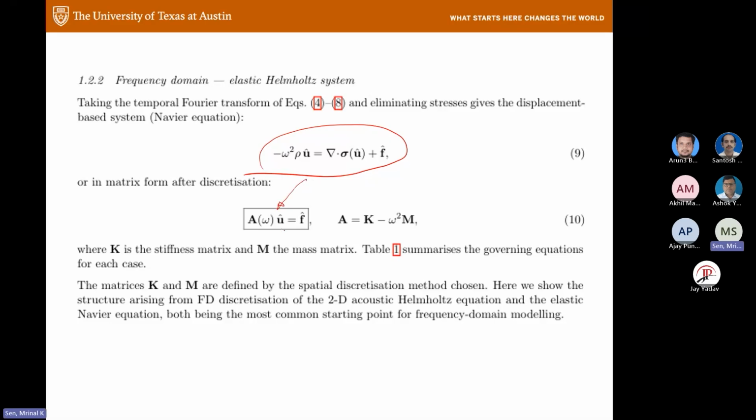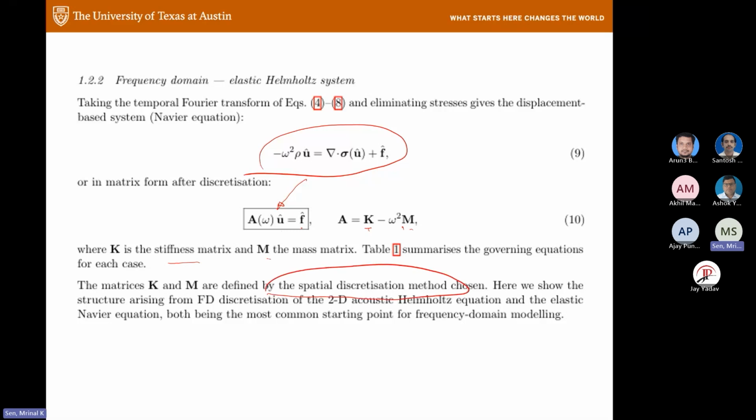A omega u is equal to f hat. Whenever I'm using hat, that means it's in the Fourier domain. And this A comprises two matrices K and M. This K is called the stiffness matrix and M is called the mass matrix.